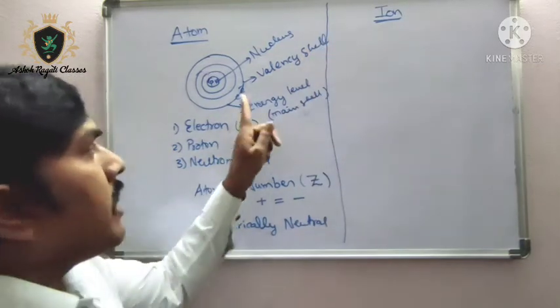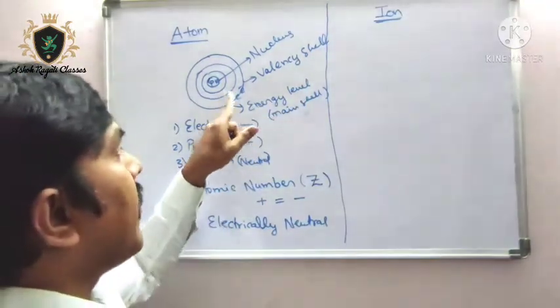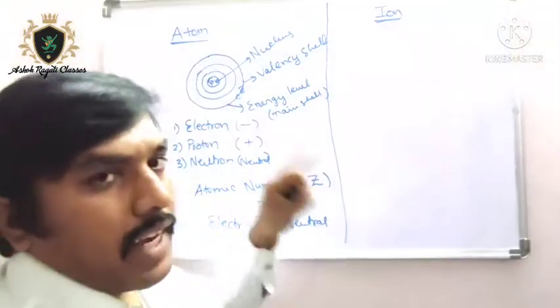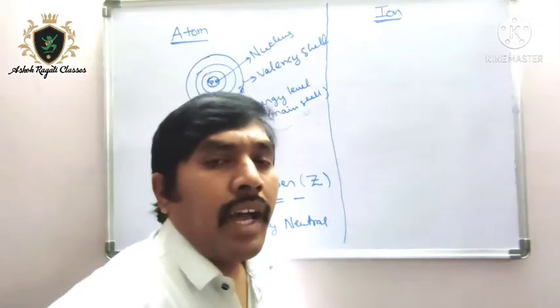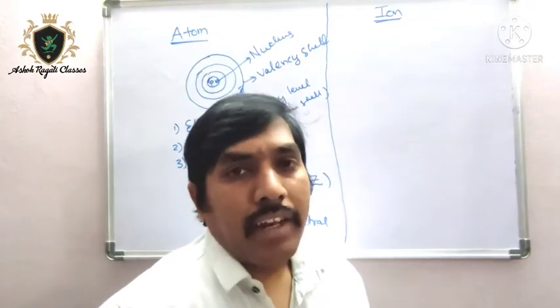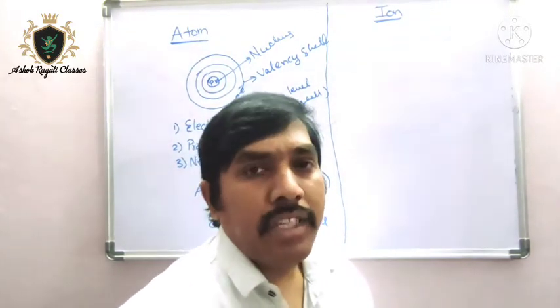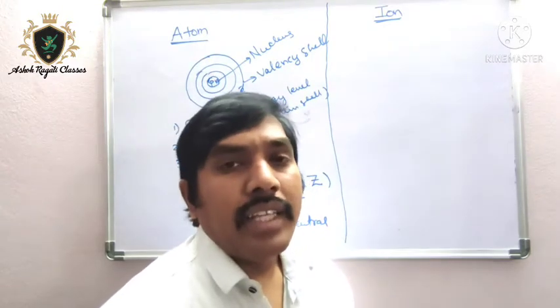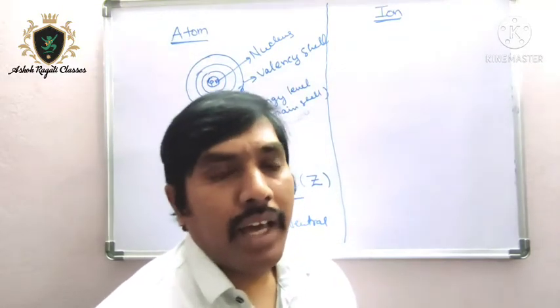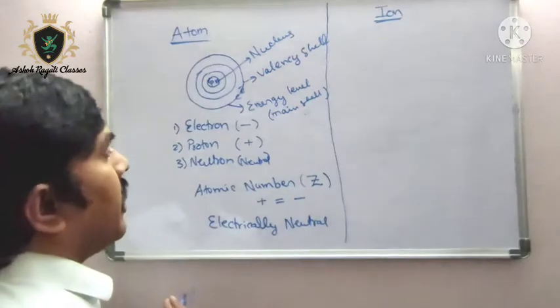The electrons present in the valency shell are called valency electrons. Whenever an atom loses electrons from its valency shell or gains electrons into the valency shell, that becomes an ion. So let us take the example of sodium.